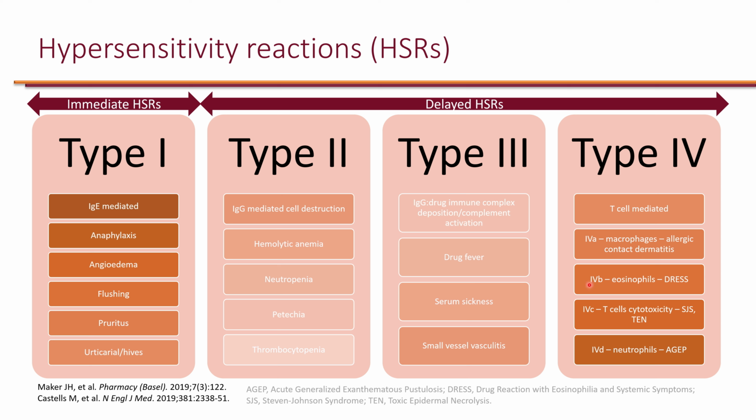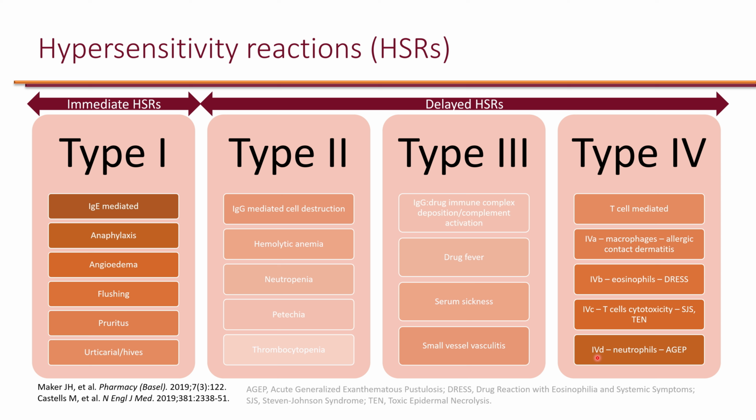And then type 4B, which involves eosinophils, can be things like DRESS, that is drug reaction with eosinophilia and systemic symptoms. Type 4C is T-cell cytotoxicity, so these are extremely severe: Stevens-Johnson syndrome, as well as toxic epidermal necrolysis.